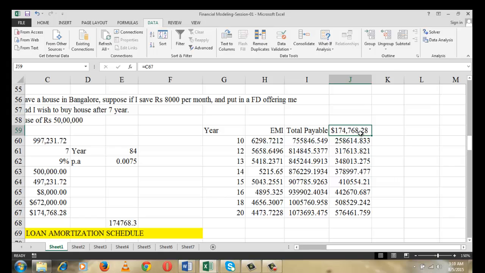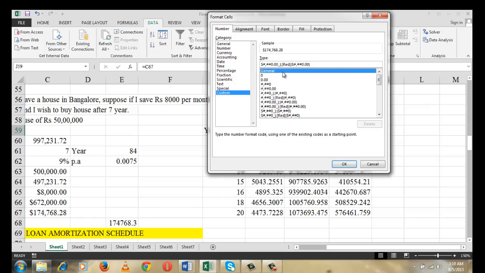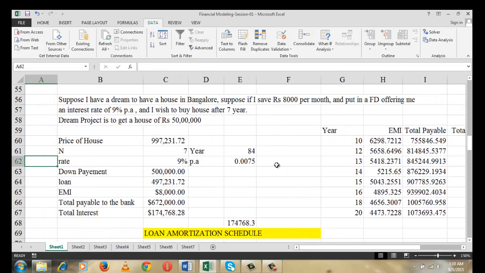Here, Control 1, Custom, General, then here you can write total interest payable. So by this way you can analyze the situation, whatever scenario comes to you.